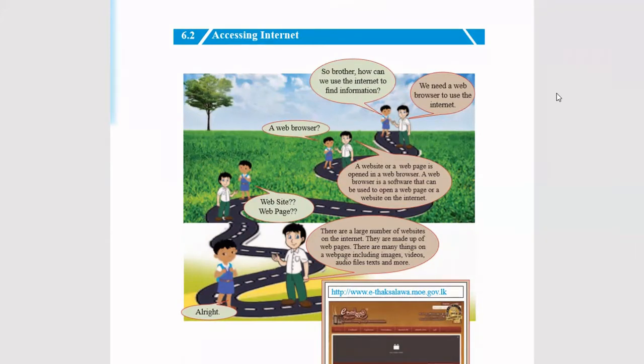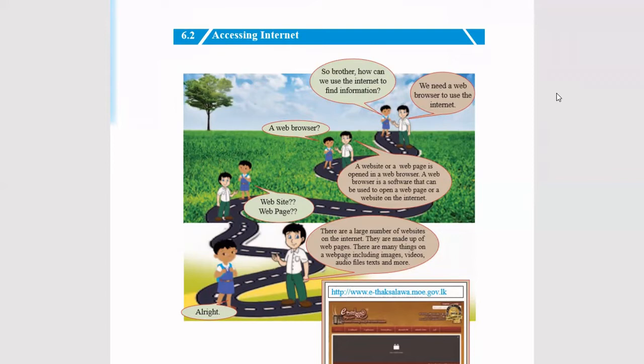You may have heard of Google Chrome, Mozilla Firefox, Internet Explorer. These are web browsers. Without a web browser, you cannot access the internet. Normally Internet Explorer is installed in Windows, but if not, you have to download other browsers and install them on your computer.